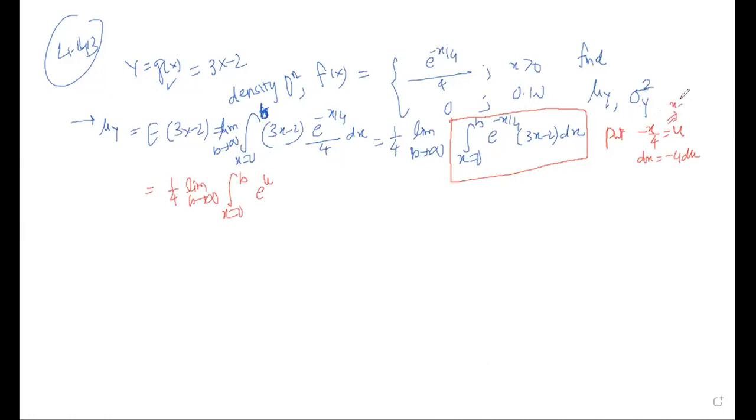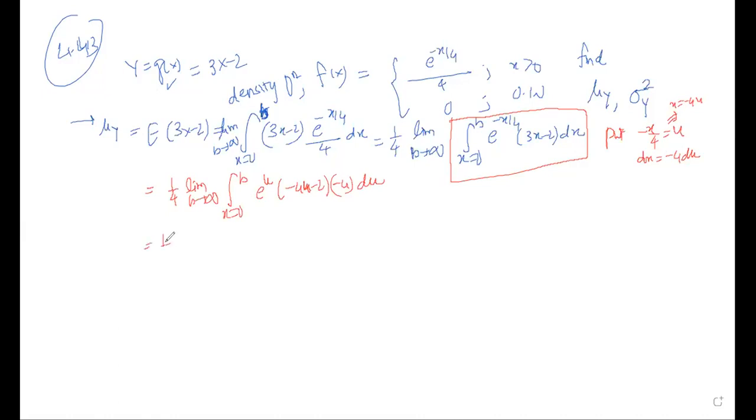So naturally my x is equal to negative of 4u. So x is equal to negative of 4u minus 2 and dx is equal to negative 4 times du, right guys? So this is my u.